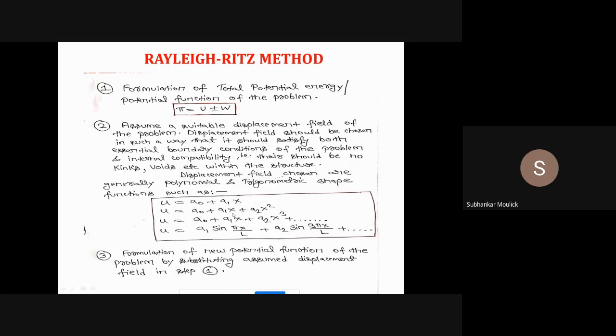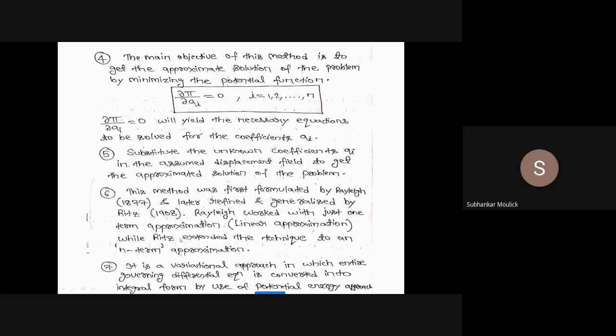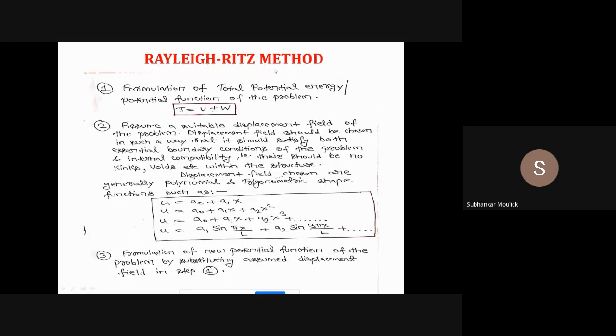Later on, Ritz modified this method and said that we can take multiple degrees or multiple orders of polynomial approximations as well as multiple trigonometric functions. That's why this method is known as the Rayleigh-Ritz method.